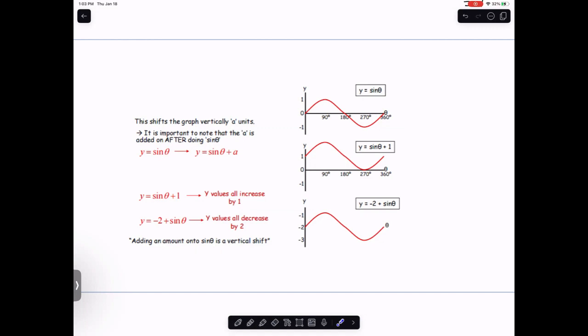We have already established that multiplying any value by your theta will affect your y-axis. Any value added to your sine theta will also increase the y-axis, and any value subtracted from your sine theta will reduce the value of your y-axis in a negative way.